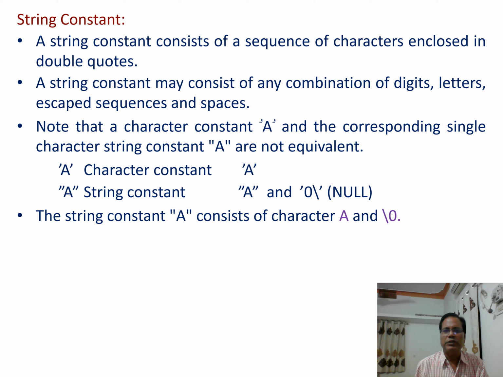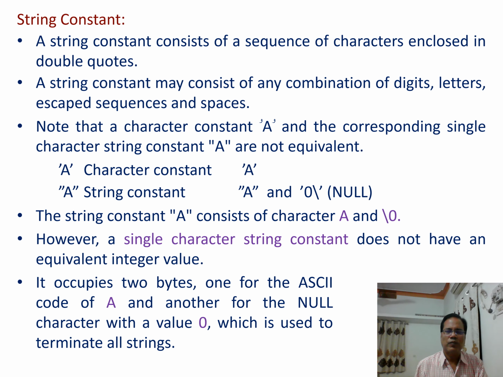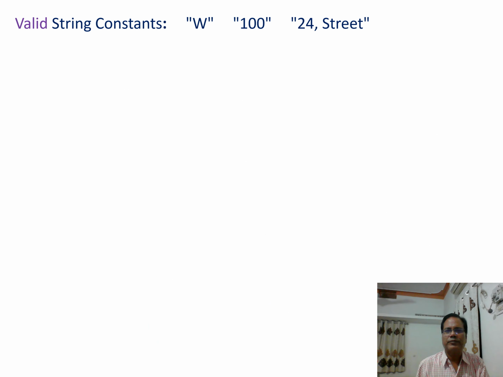backslash 0. However, a single character string constant does not have an equivalent integer value. It occupies 2 bytes, one for the ASCII code of A and another for the null character with value 0, which is used to terminate all valid string constants.